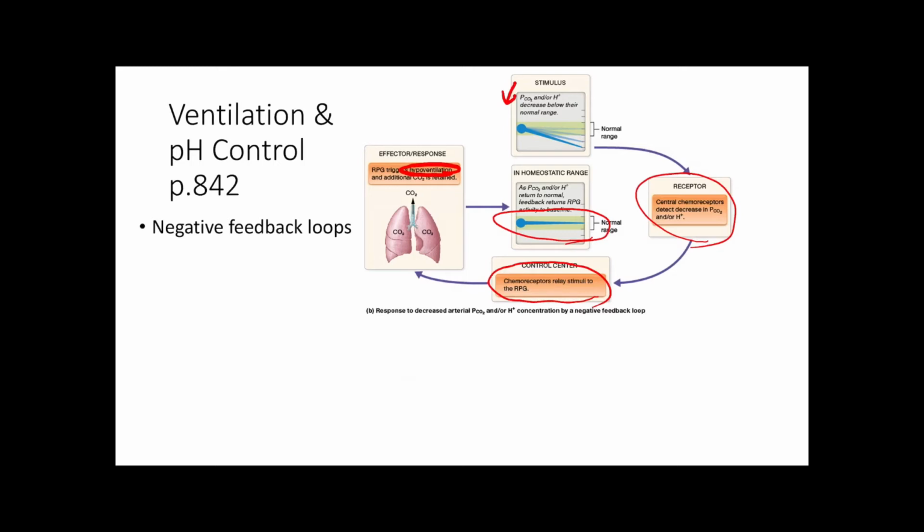As the levels of carbon dioxide change, the system compensates in some way, either to lower or raise those levels of CO2. And the lungs have an important job of adjusting levels of CO2 very quickly.